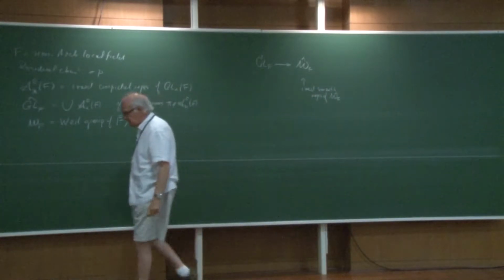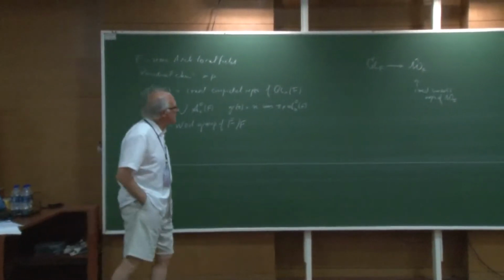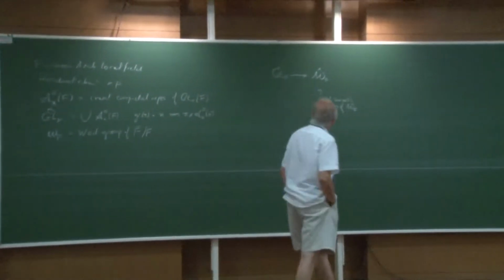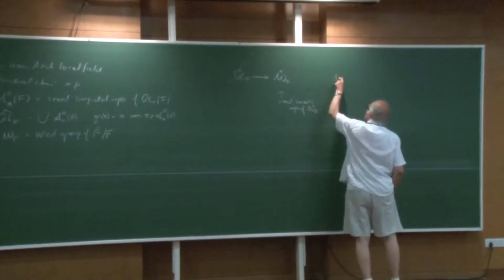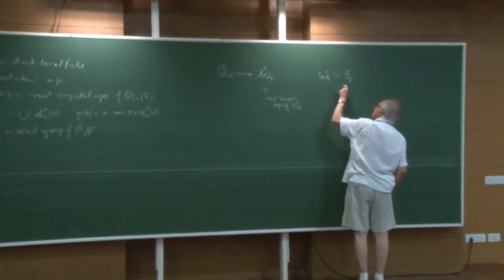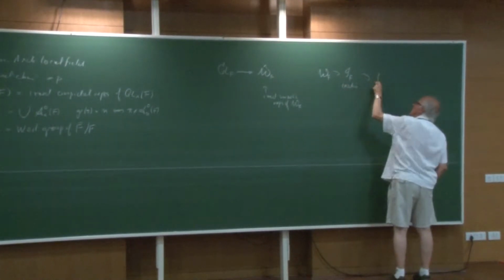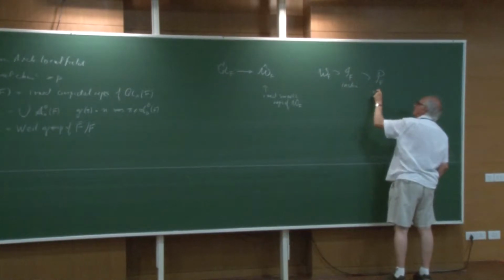Now, to start with, of course, we have these well-known subgroups of the Weil group. The inertia group, and the wild inertia group.